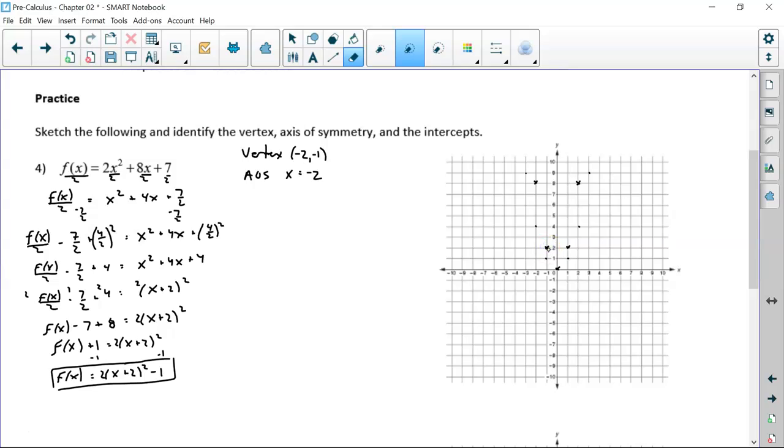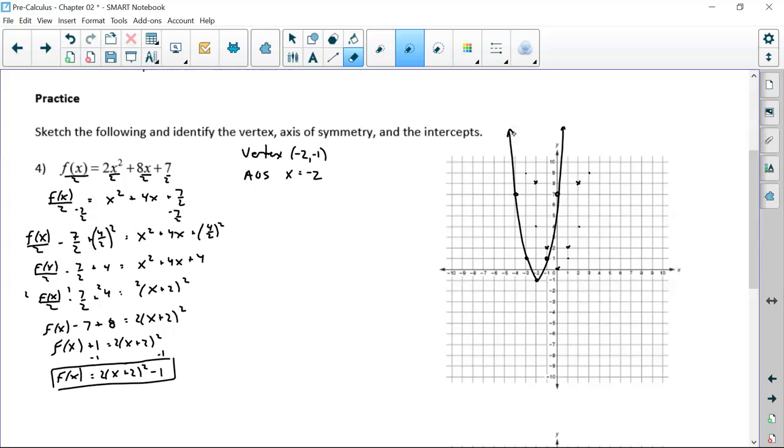And then we're going to shift everything to the left 2 and down 1. Left 2, down 1, and so on for each point. And there is our graph of this function.